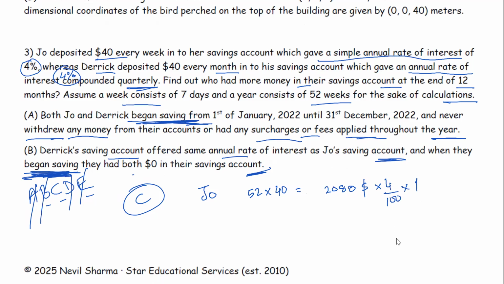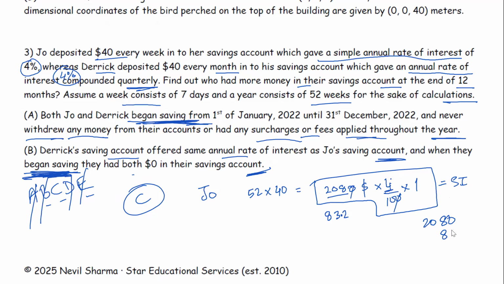You get 2080 times 4, which is 8320, so 83.2. This is the simple interest calculation which I just did. Okay? This is simple interest. So what she had at the end of 12 months would be 2080 plus 83.2. Okay, so that's just for the sake of calculation.